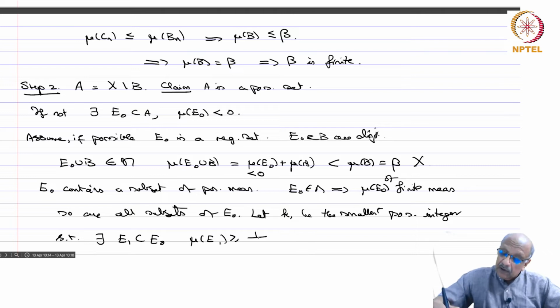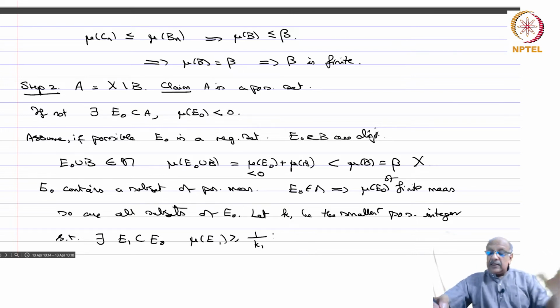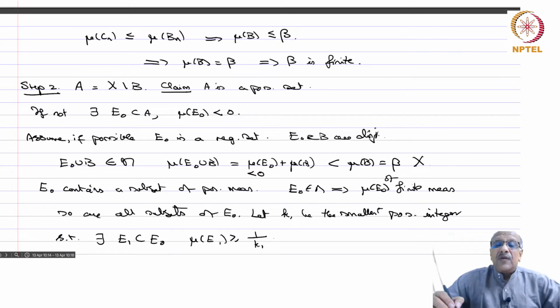That means we are looking for the largest possible set with the largest possible positive measure contained in E naught. Because K1 is the smallest positive integer and you are looking at 1 by K1 here, we are trying to exhaust as fast as possible.